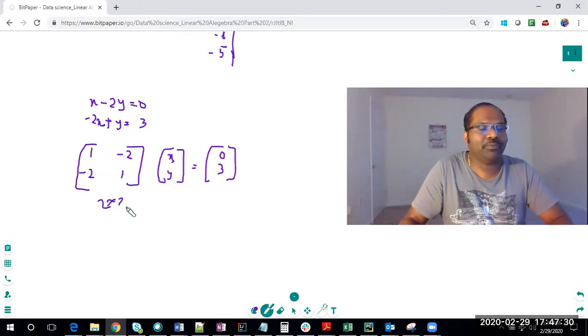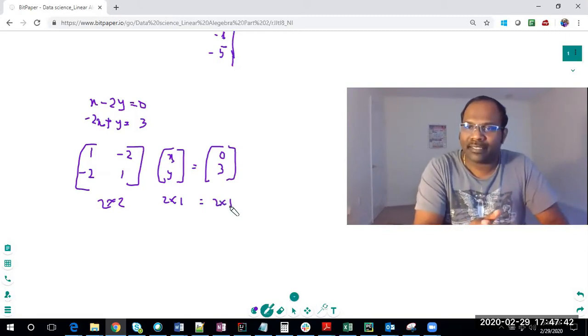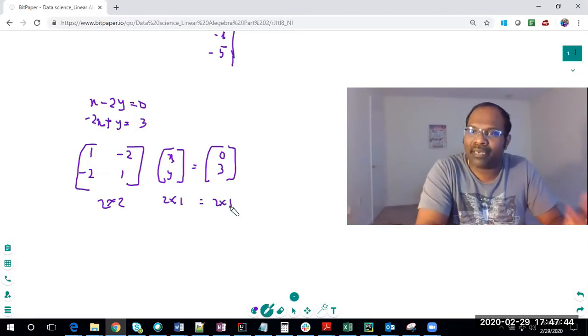When I say 2 by 2, it means 2 rows and 2 columns. And this is a 2 by 1 vector. So there is a formula connecting matrices and vectors.